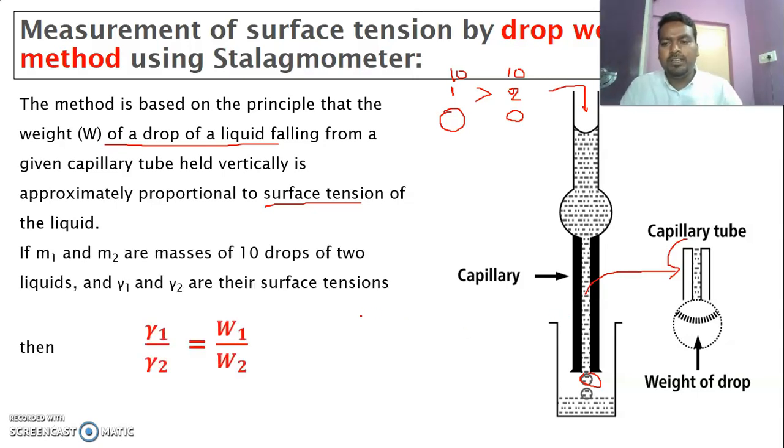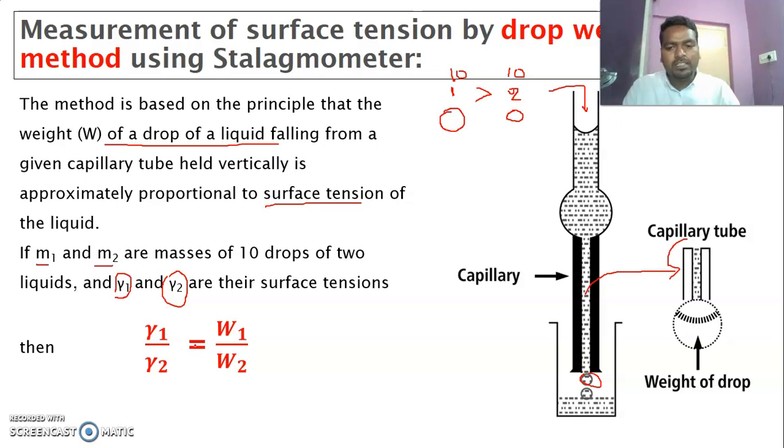If you know the mass and the counts, you can easily calculate the surface tension as follows. Here M1 and M2 are the masses of 10 drops of the liquids, so we take 10 drops. ν1 and ν2 are the surface tensions of liquid 1 and 2. The surface tension is given by ν1/ν2 = W1/W2.